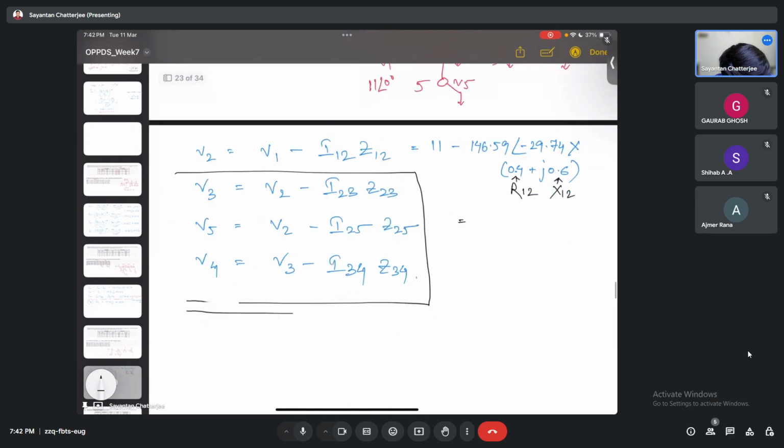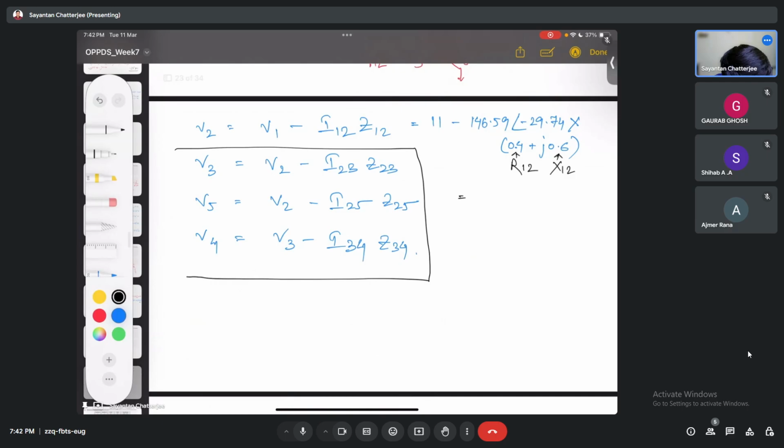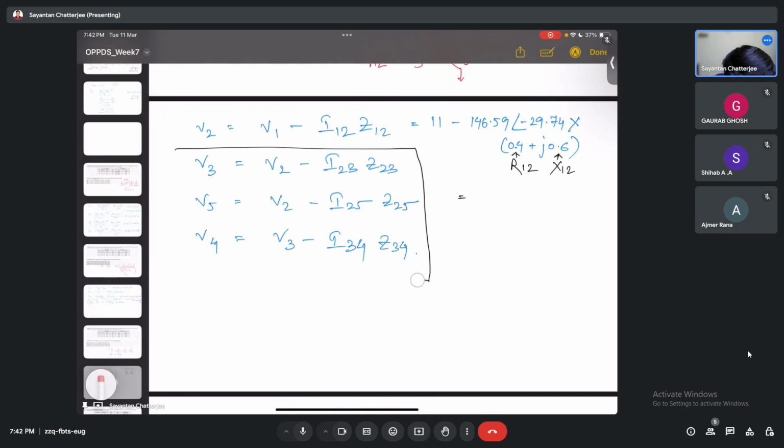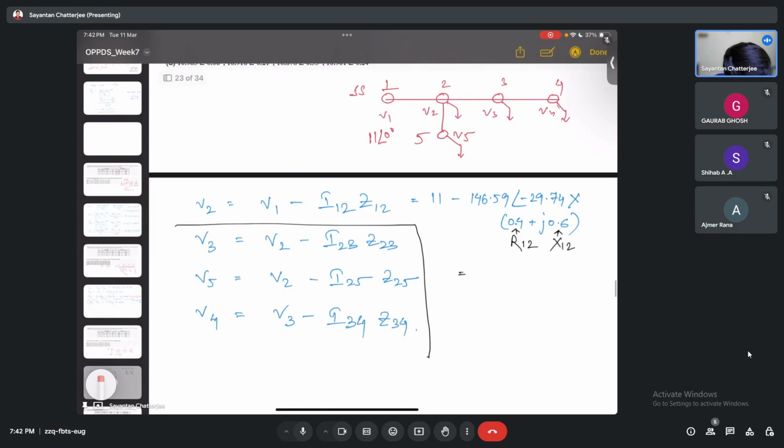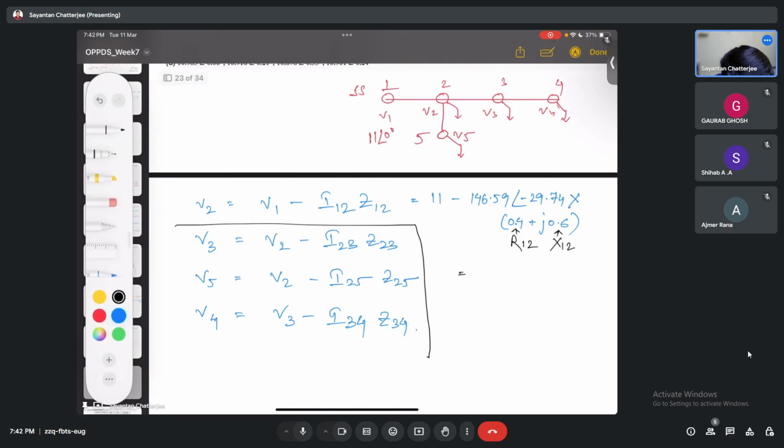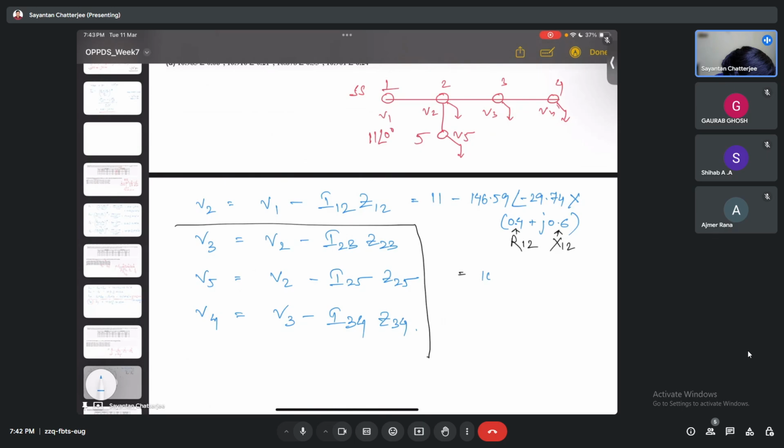So for V2, the answer would be 10.905 angle minus 0.25 kV.